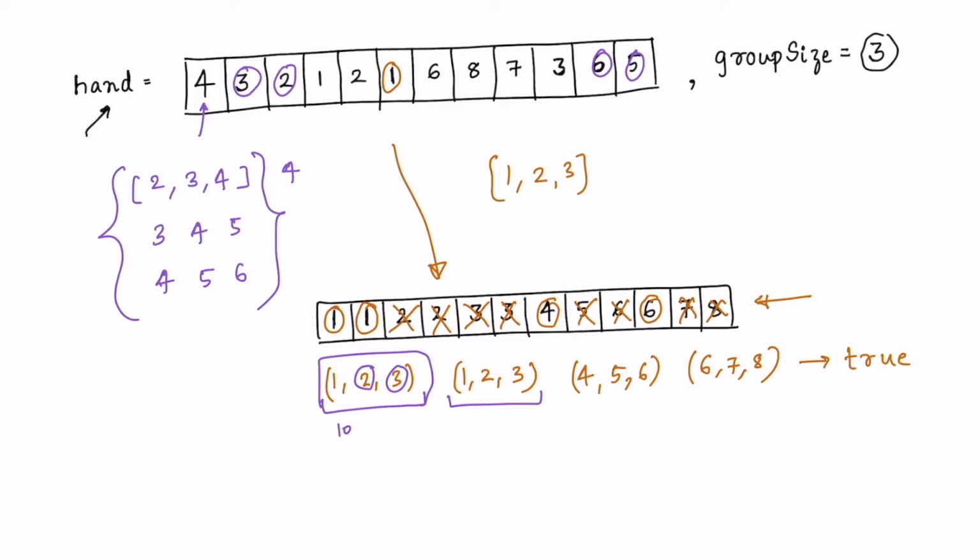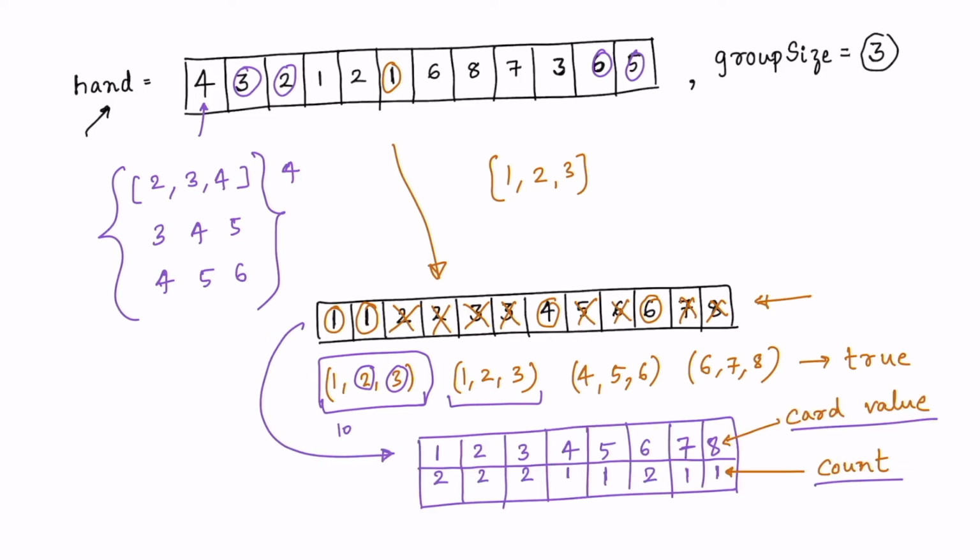This indicates that we have to maintain a hash table to save the number of cards we have of each value.